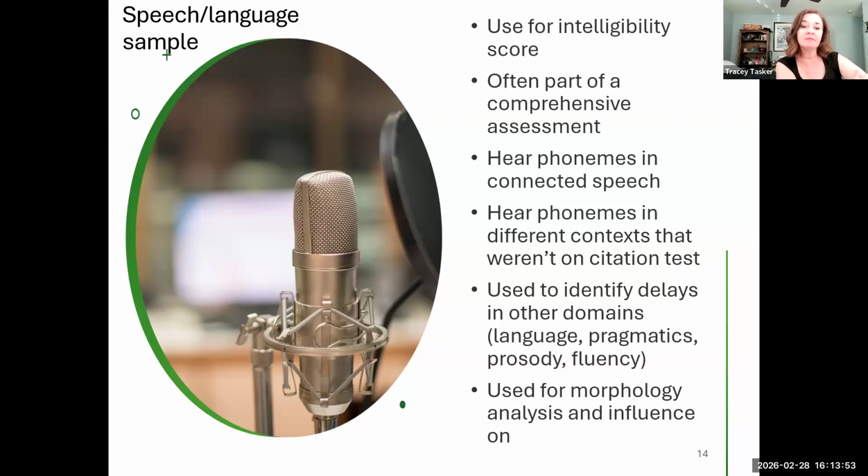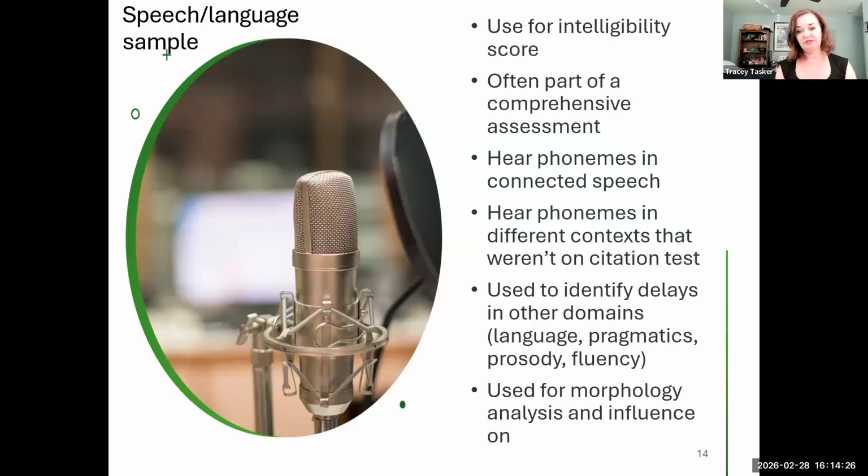So just keep in mind that many of us are using our cell phones rather than specialized equipment. So a speech language sample, most of the time, is both a speech and language sample, okay? And 99% of the time, you're going to want to do this. The times that you're not is if a child just doesn't have enough language to provide a sample. So the younger the child, the less likely you're going to be collecting a sample.